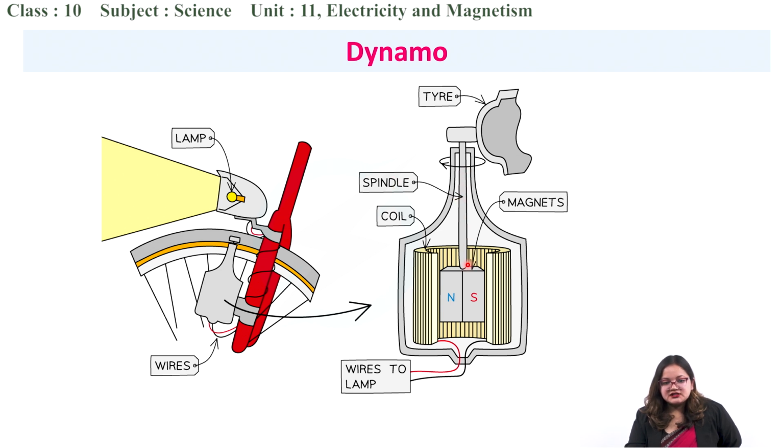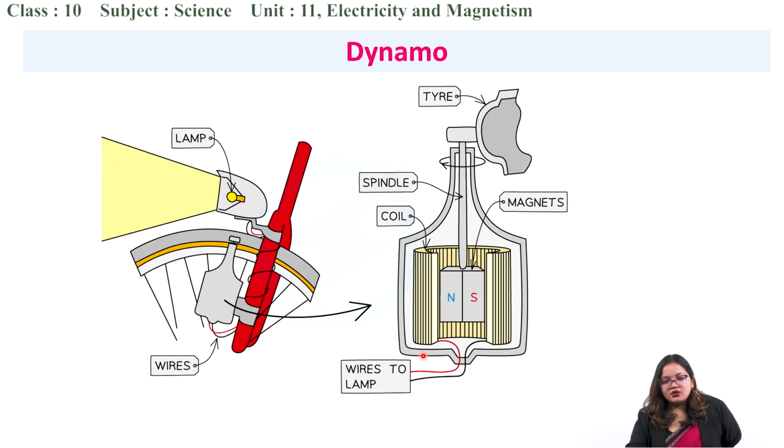This spindle is connected to a permanent magnet. We have to use a magnet where you can keep the north pole and south pole facing towards each other. Let me again tell you this. This is the head part, this is the spindle part, which is also known as armature or axle, and this is connected to a permanent magnet, and around this is a coil of wire.